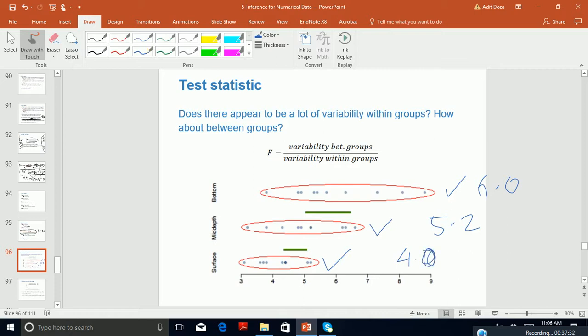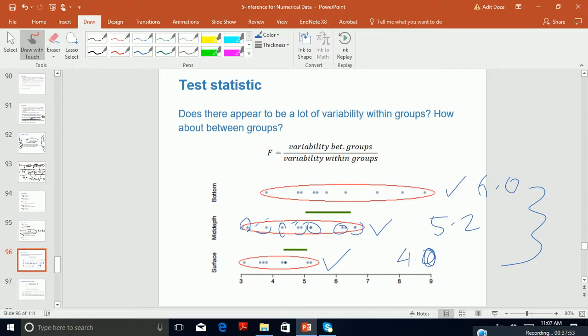So there is variability between groups. Now let's look at each observation within a group. Within each group, there is also difference, right? Are they the same? If they were the same, all the dots would be at the same point.